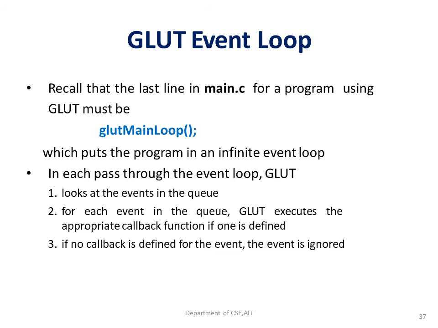We have the event queue because we are running in event mode. The glutMainLoop goes to the event queue and checks if all the events have been executed according to their appropriate callback functions. If no callback is defined for an event, that event can be ignored.